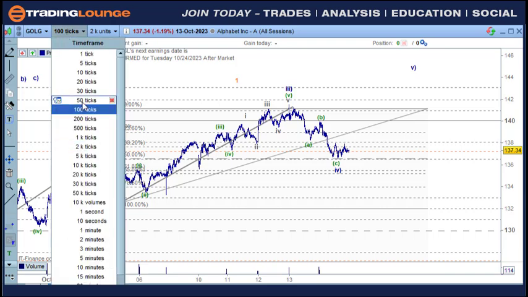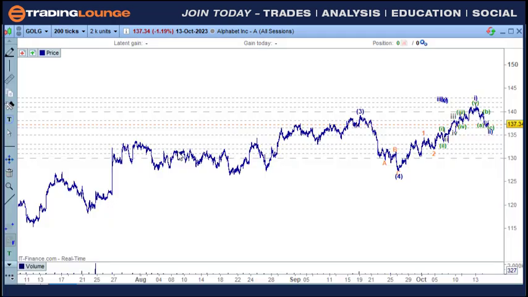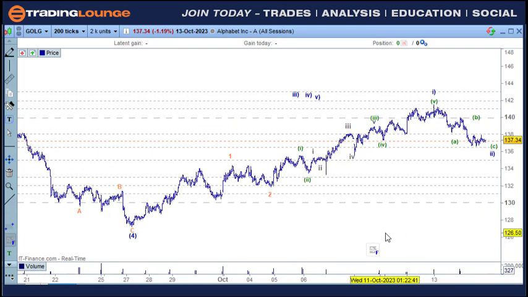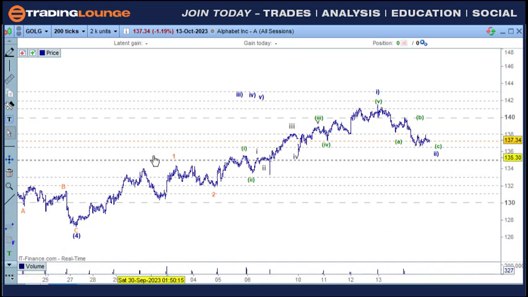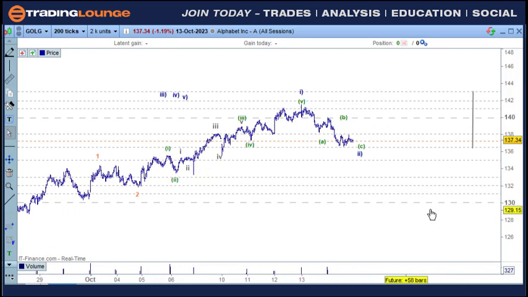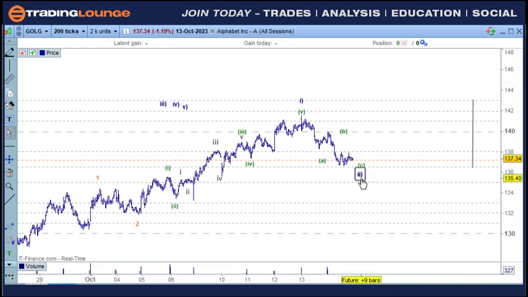We were also looking at this on the 200 tick with a slightly different count. The slightly different count here is wave 1 and 2, and then 1 and 2 up here. So I would need to look at this a little bit differently. If it dropped down again, then that would be 1, 2, 3, 4, 5 here, then a B wave, and then a C wave here.